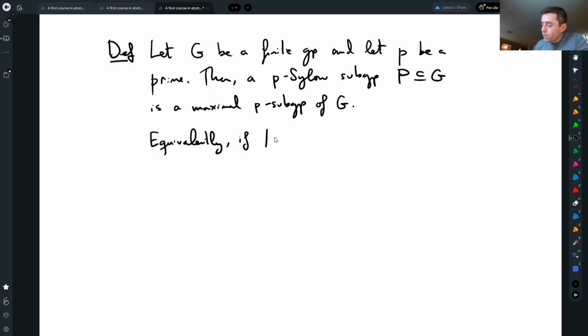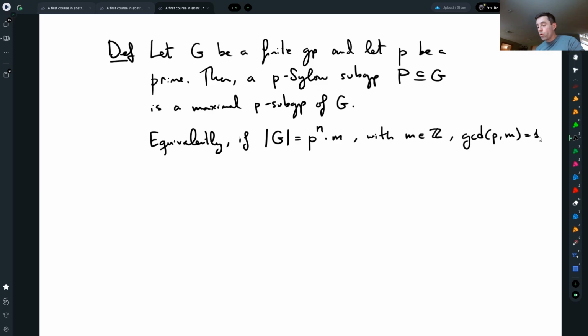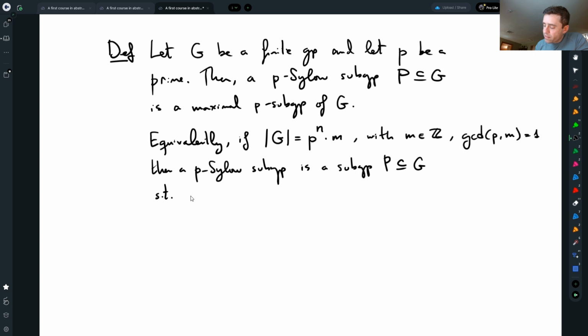if the size of G is P to the n times m, with m some integer that is relatively prime to P, so the largest power of P that divides the order is P to the n, then a P-Sylow subgroup is a subgroup P of G such that the size of P is the largest allowed as a P group by Lagrange's theorem.